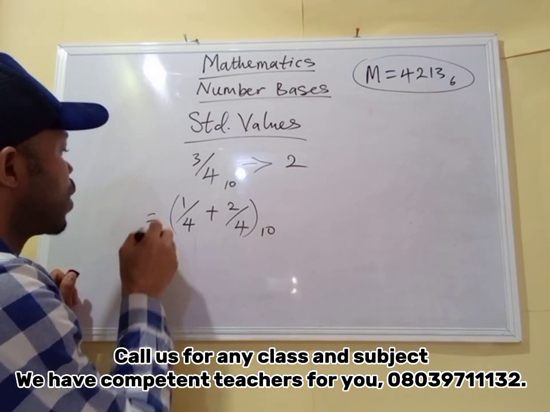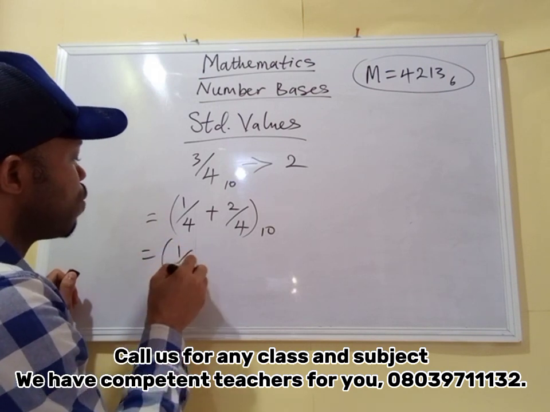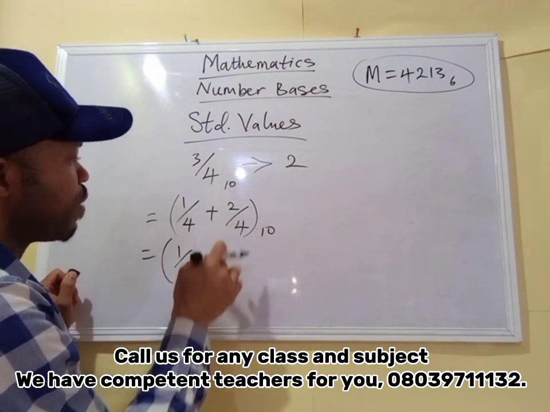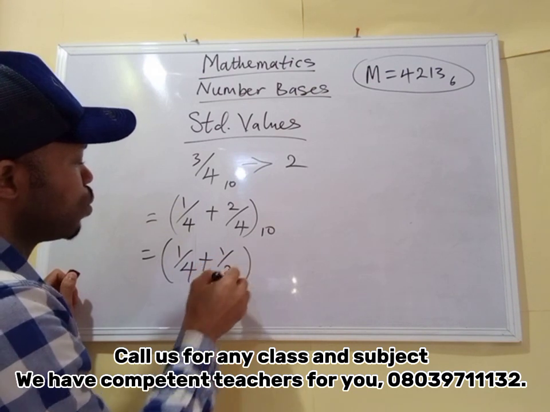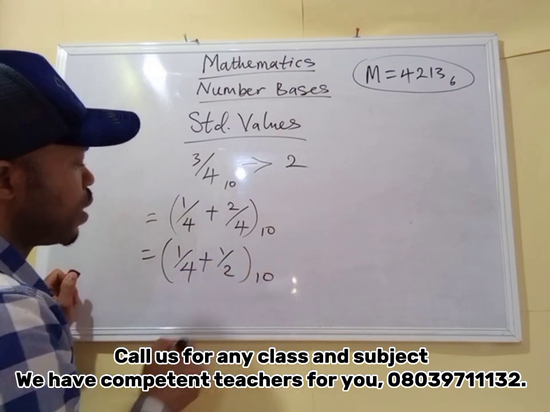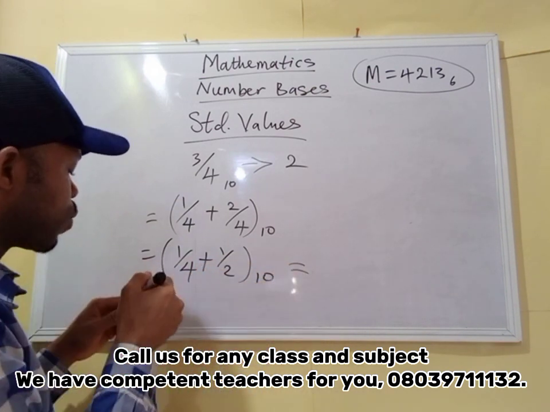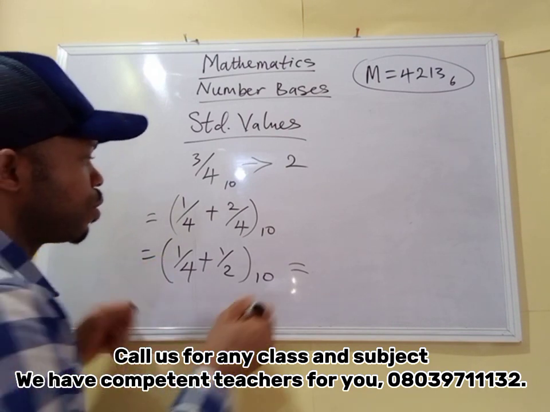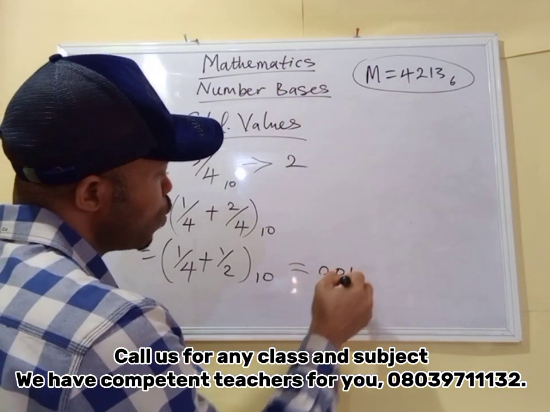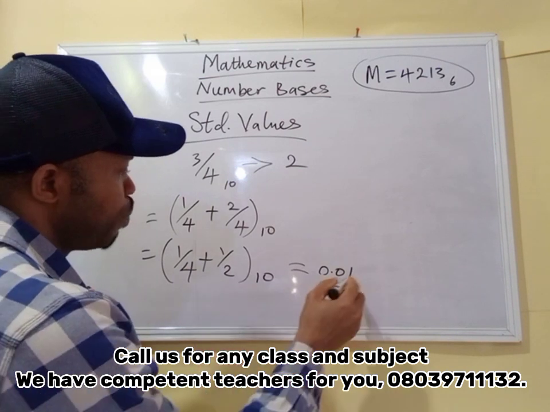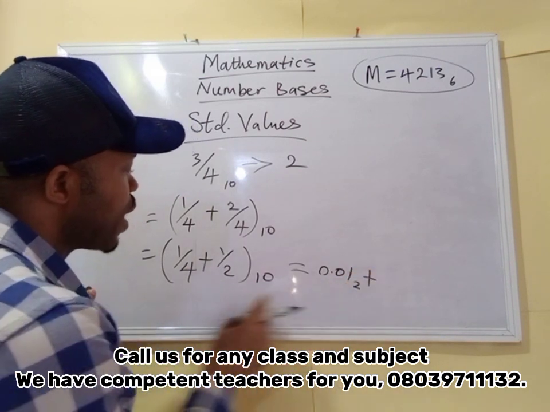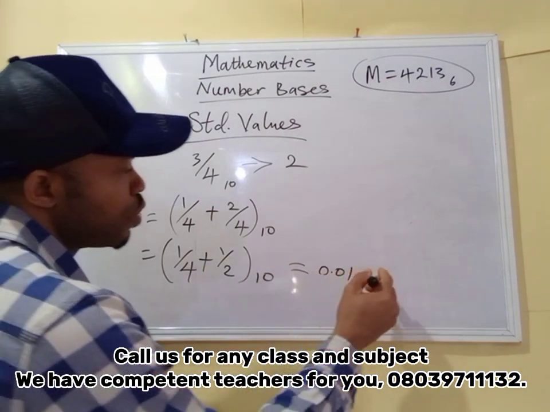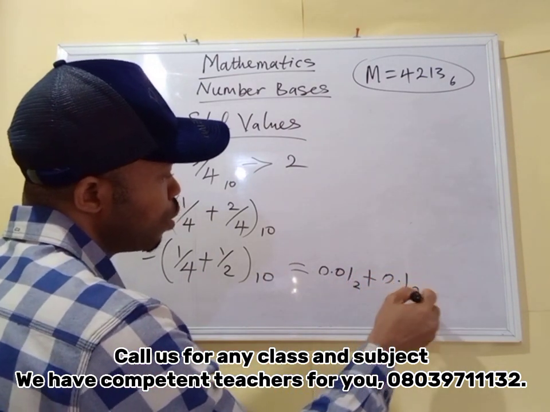So that will give us 1 over 4, plus this can be simplified into 1 over 2, both in base 10. So that will be equal to the standard we had for 1 over 4, which was 0.01 base 2, plus the standard we had for 1 over 2, which was 0.1 base 2.